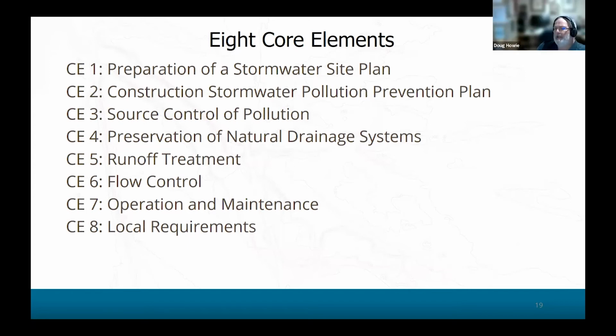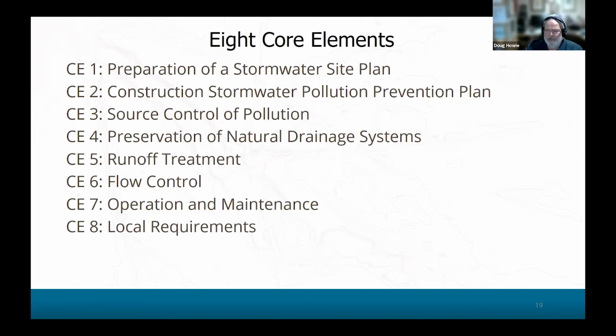And core element 8 is for local requirements. When we did our 2019 manual, there was a little bit of desire to include those local jurisdiction requirements in the stormwater manual, as opposed to core element 8.